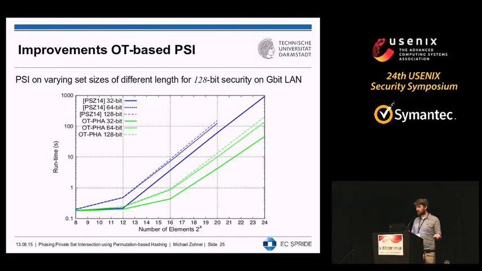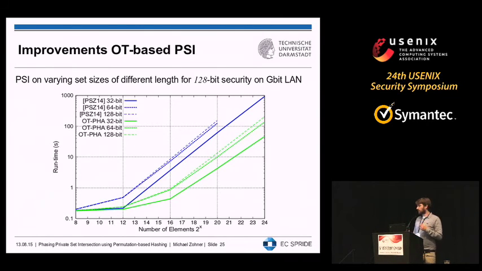We also benchmarked the protocols against each other, and what you see here are the results for a varying number of elements, from 256 to 16 million, with the old protocol in blue, our new protocol in green, and with different bit lengths ranging from 32 to 128.